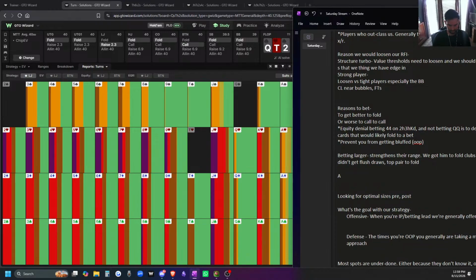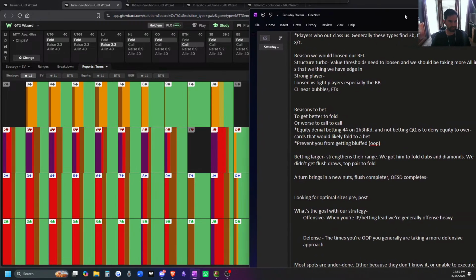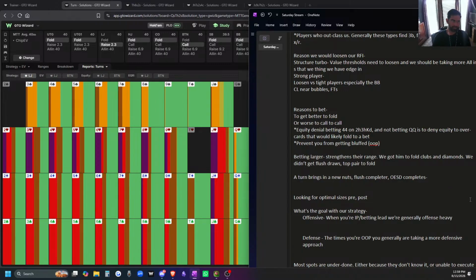You're not targeting the whole thing. You're targeting something very specific, because, for example, the king jack-os, the ten X's, the pocket nines, a lot of hands that are always folding to a larger sizing because the nuts have changed dramatically. So the strength of their hands has also dramatically changed, right?